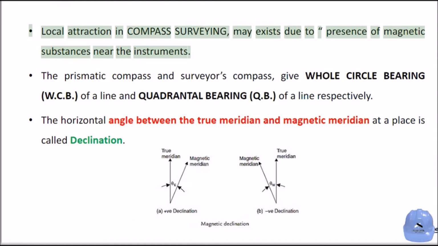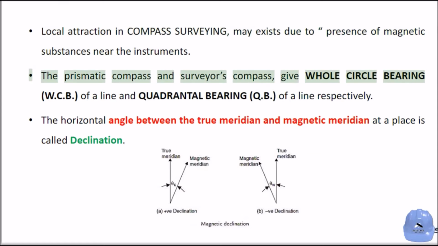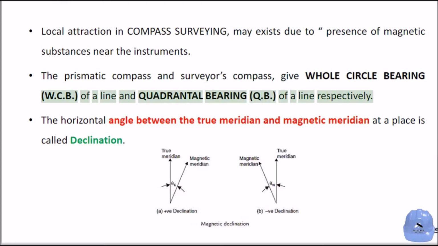Local attraction in compass surveying may exist due to presence of magnetic substances near the instrument. The prismatic compass and surveyor's compass give whole circle bearing, WCB, of a line and quadrantal bearing, QB, of a line respectively.